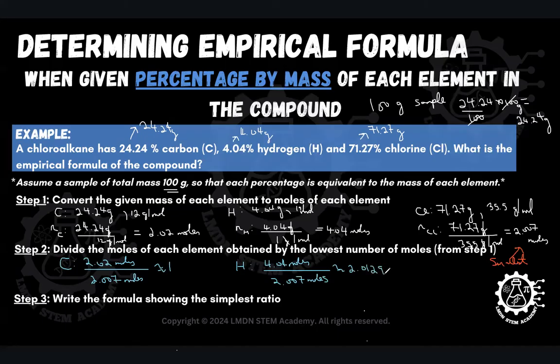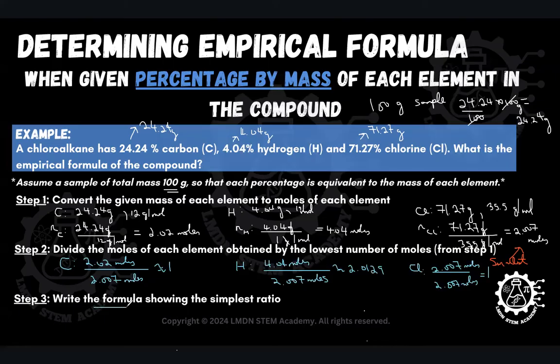Finally for chlorine, that was the lowest number, so we're going to divide it by itself: 2.007 moles divided by 2.007 moles, and that will give us 1. Okay, so look, these are our simplest whole number ratio. It's a 1 to 2 to 1.